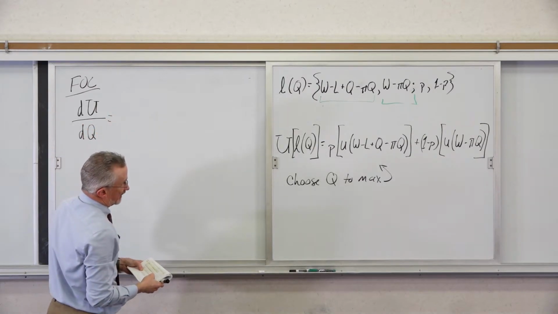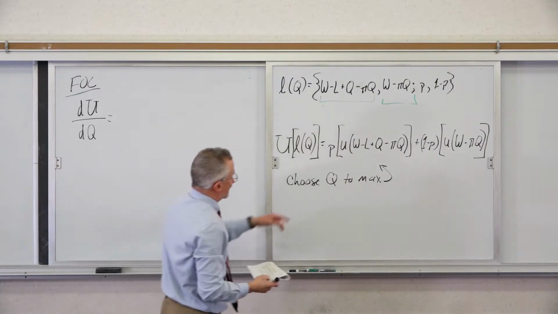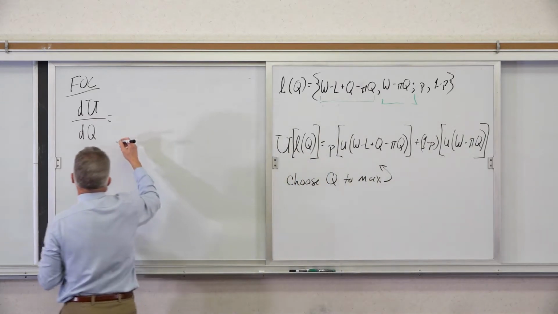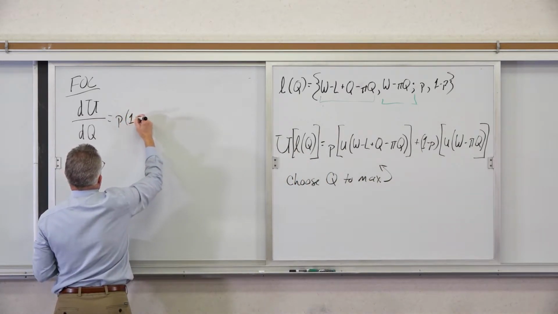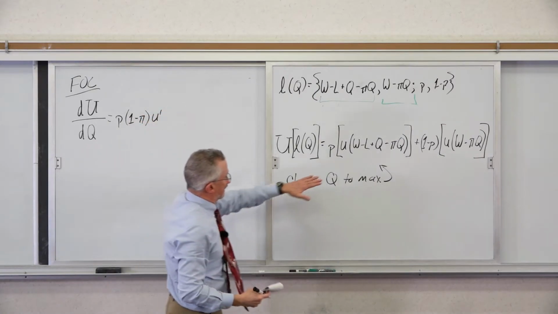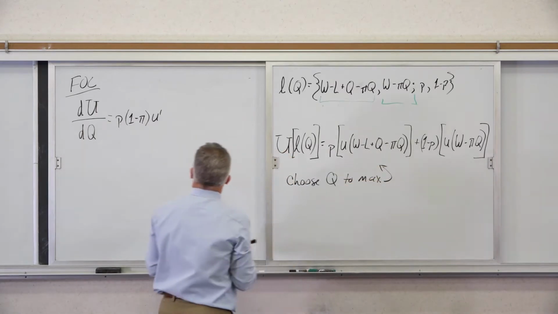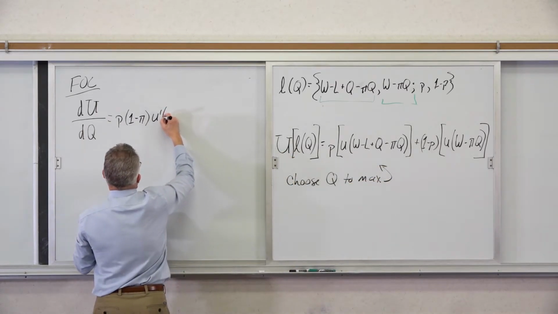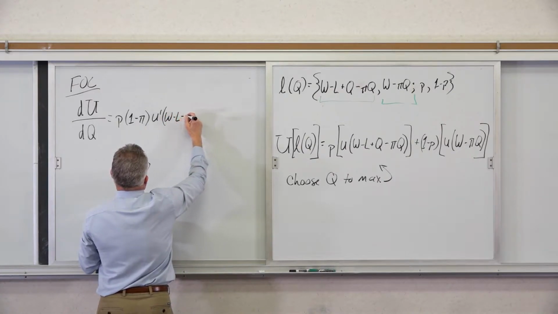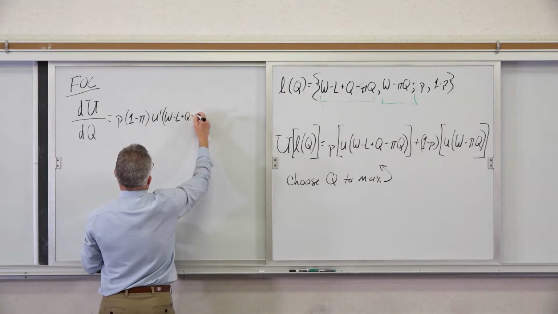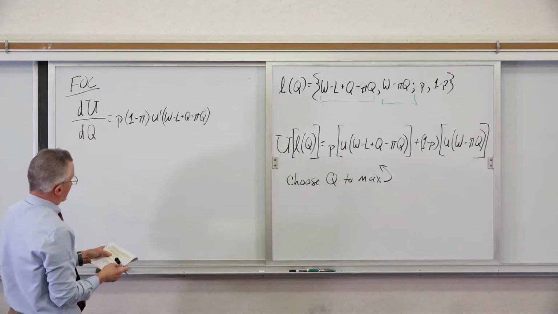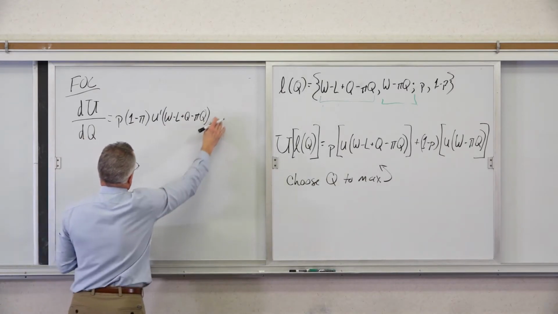If we take the derivative with respect to Q, that'll be P times 1 minus pi, and then U prime, using the chain rule, of W minus L plus Q minus pi Q. And it continues on the next line.